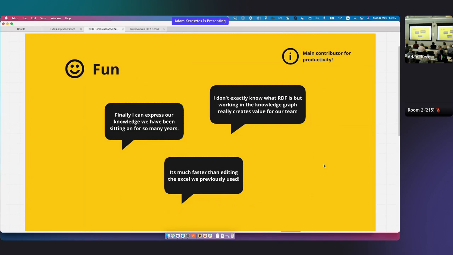But it's your job, and you just have to plow through and just do it. Right? We can switch that around to say, well, we have tooling that is fun to use because all these 4 principles that we talked about work together. If it's efficient, if it's intuitive, easy, and if it is visual, we can actually have people who are working in the knowledge graph, contributing into the knowledge graph, who can even be people who say, I don't exactly know what RDF is, but working with the knowledge graph really creates value for my team, right?